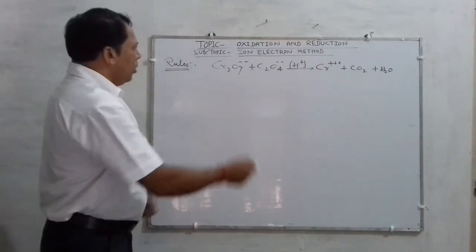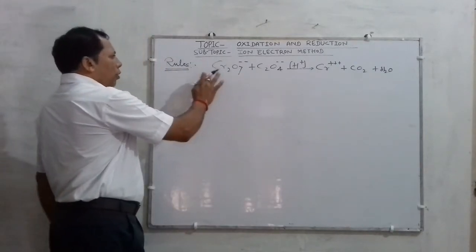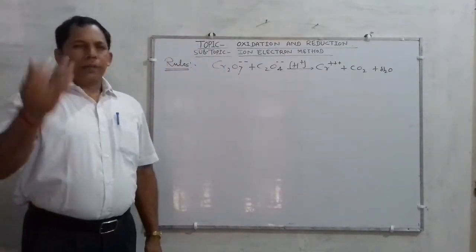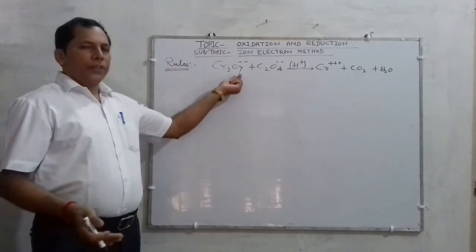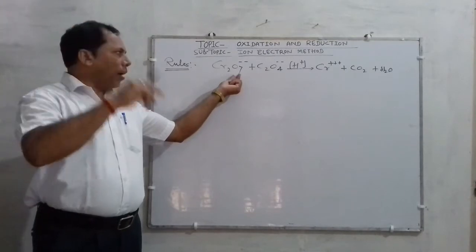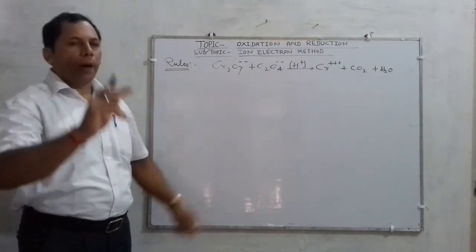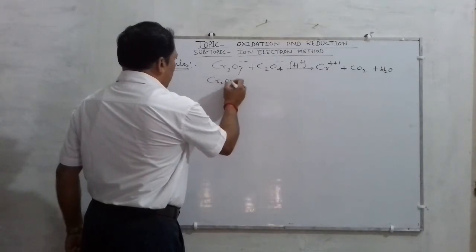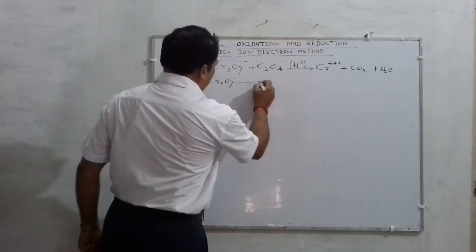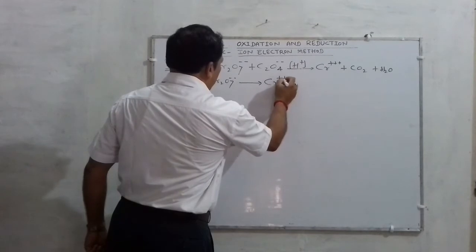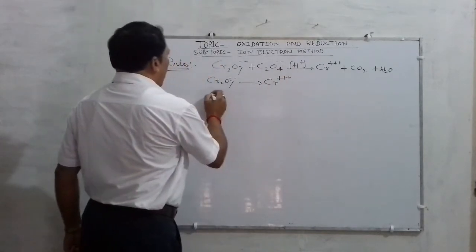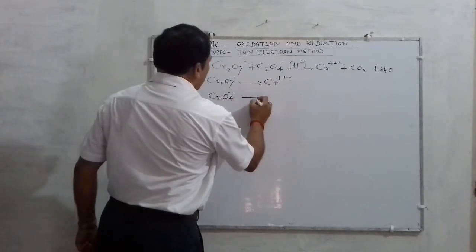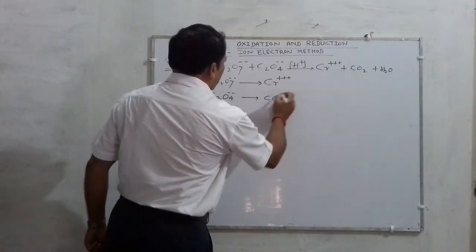Okay? So, according to the rule, break this reaction, or divide it, on the basis of oxidation and reduction into two half reactions. This can be broken down as Cr2O7 2- changing into Cr 3+, and C2O4 2- changing into CO2.